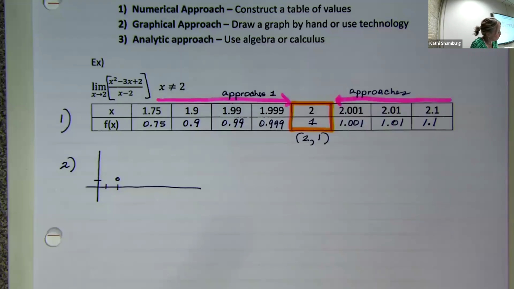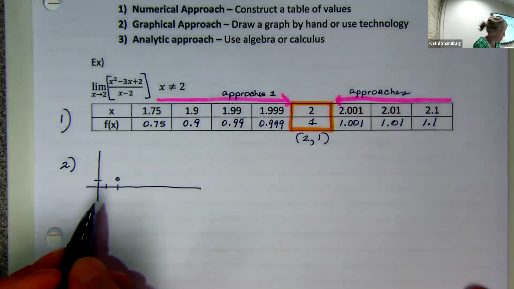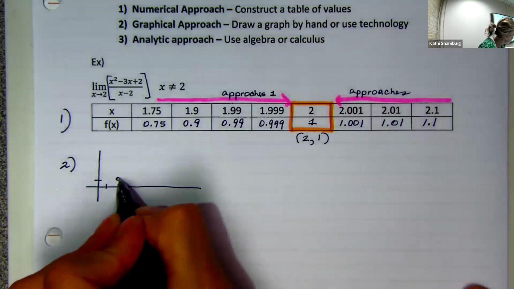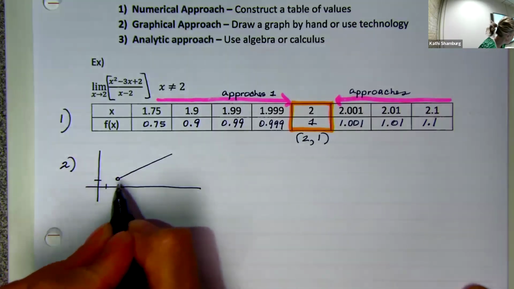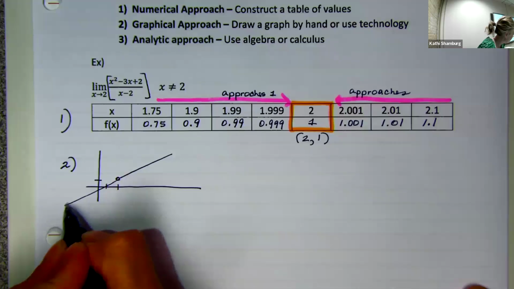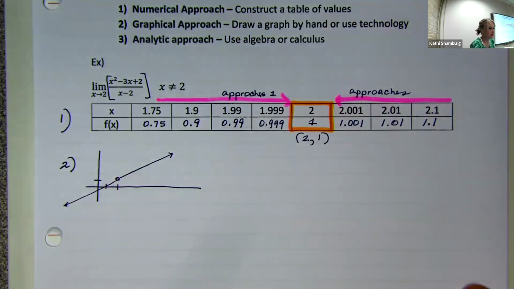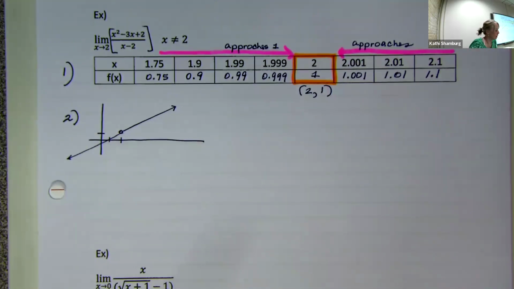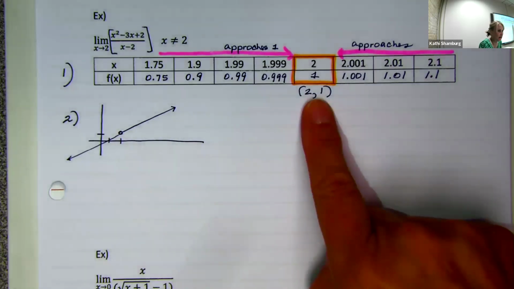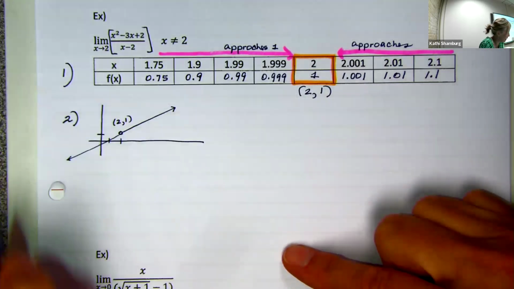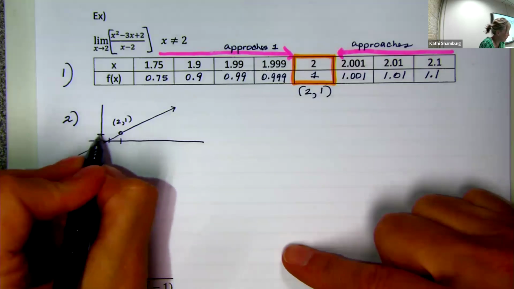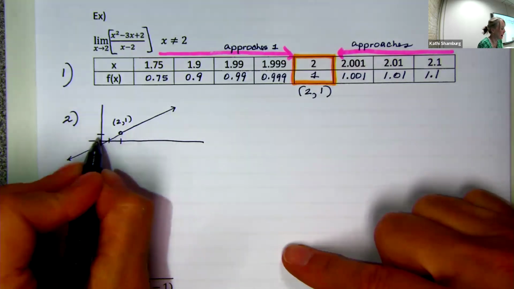Okay, so what we've got is, if I were to sketch this, it would look something like this here. This is what it would look like if you were to graph it. Okay, so let's talk about this point. Like I said, this is your ordered pair, over 2 and up 1, because it goes over 2 and then your output is 1, right?